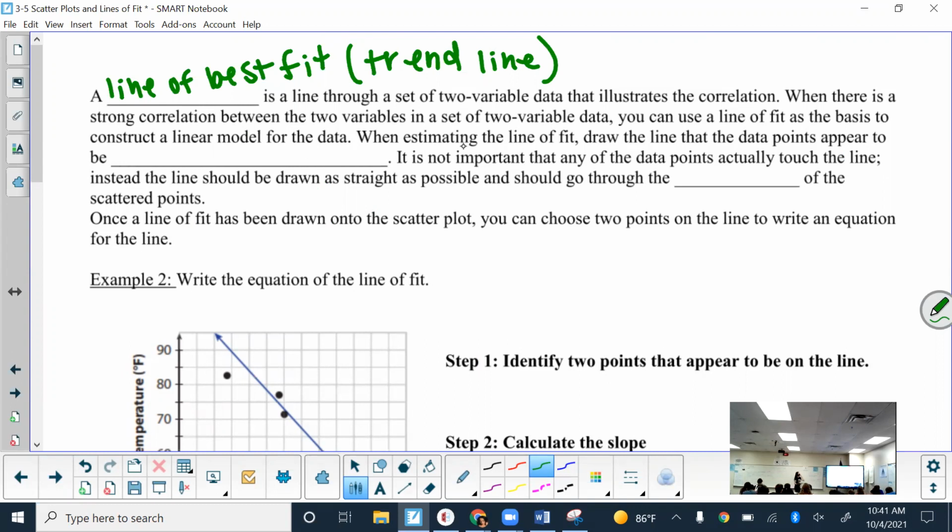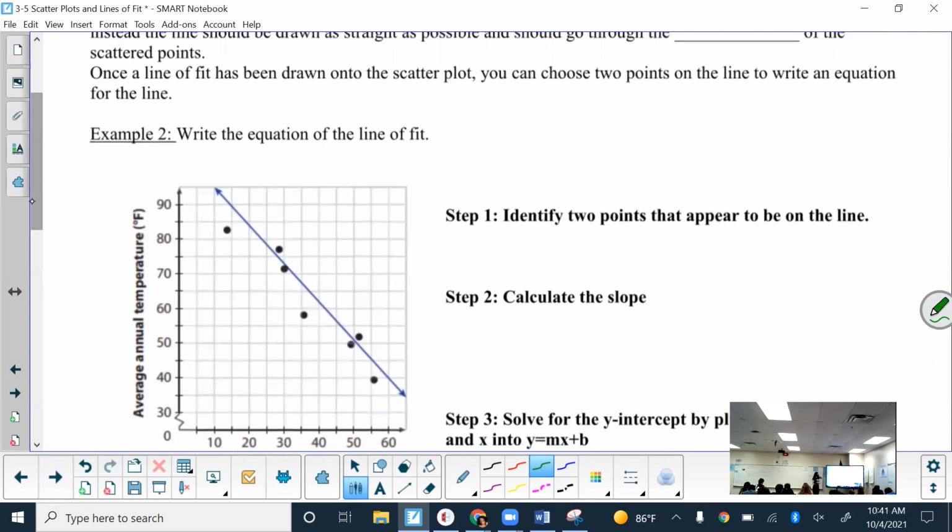So like you see all these dots down here. That shows that we measured for like almost 15, almost 30, things like that. Well, now I can measure for when I had 10 or 70, things that we didn't necessarily collect, using our y equals mx plus b.